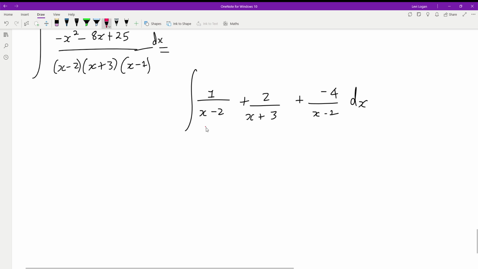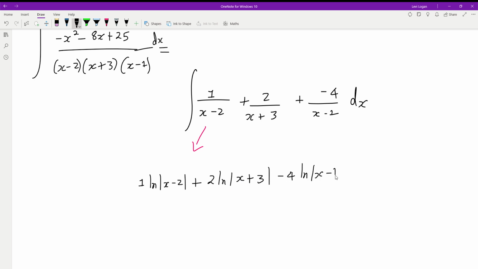So the first term is going to be 1 natural log of x minus 2 plus 2 natural log of x plus 3 minus 4 natural log of x minus 1 and then plus c. So natural log of x minus 2, move the 2 in there, so you go plus natural log of x plus 3 all squared, minus natural log of x minus 1 to the power of 4 plus c.